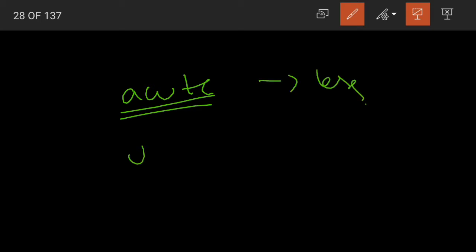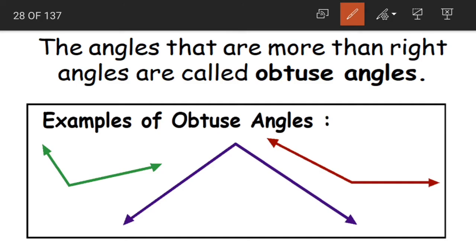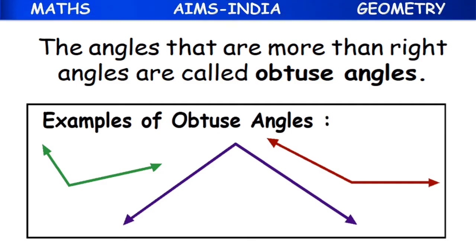Or if you can remember the acute thing, children, acute angles are those that are less than the right angles. Then automatically obtuse angles become what? They are the angles that are more than the right angles. So if you remember either one of them, it is sufficient. Or if you remember both, what is an acute and an obtuse angle, then it is very good, children.